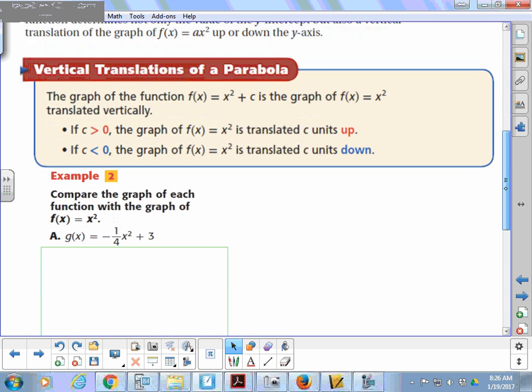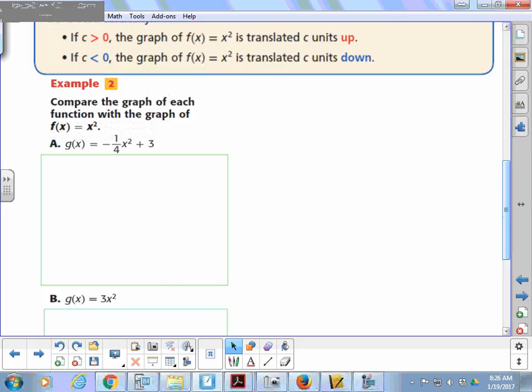All right. So we're going to compare these two graphs, the graph of x squared with the graph of -1/4 x squared plus 3.